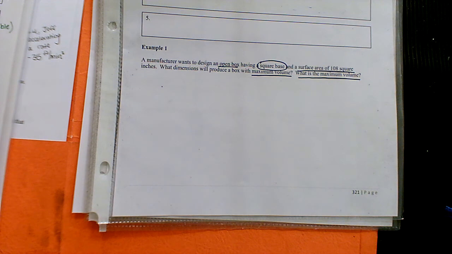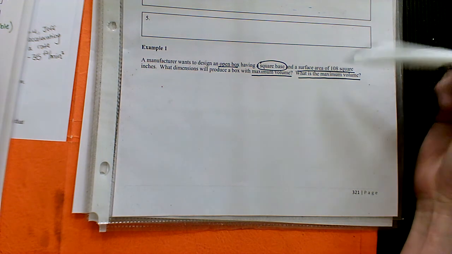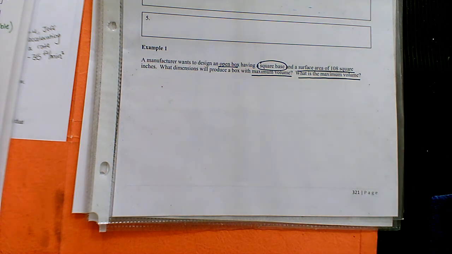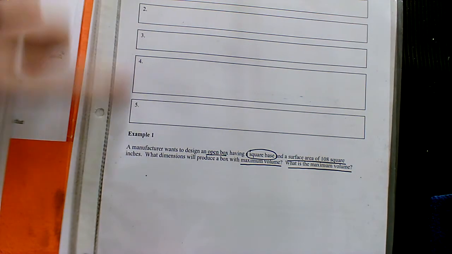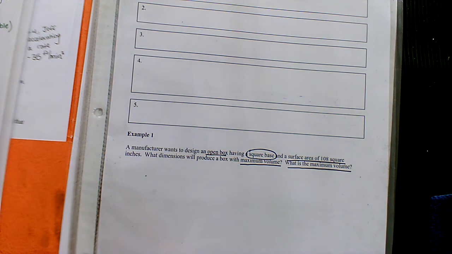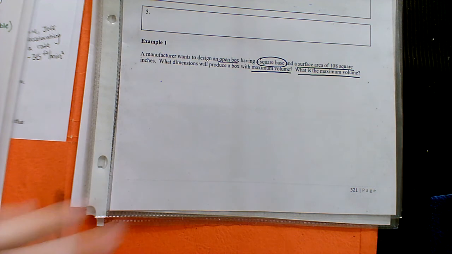Very similar to yesterday, just instead of knowing the dimensions of the paper, we know the surface area that this box should have. So it's a different piece of information. If we roll through these 5 different methods, let's think about how we can approach this problem.